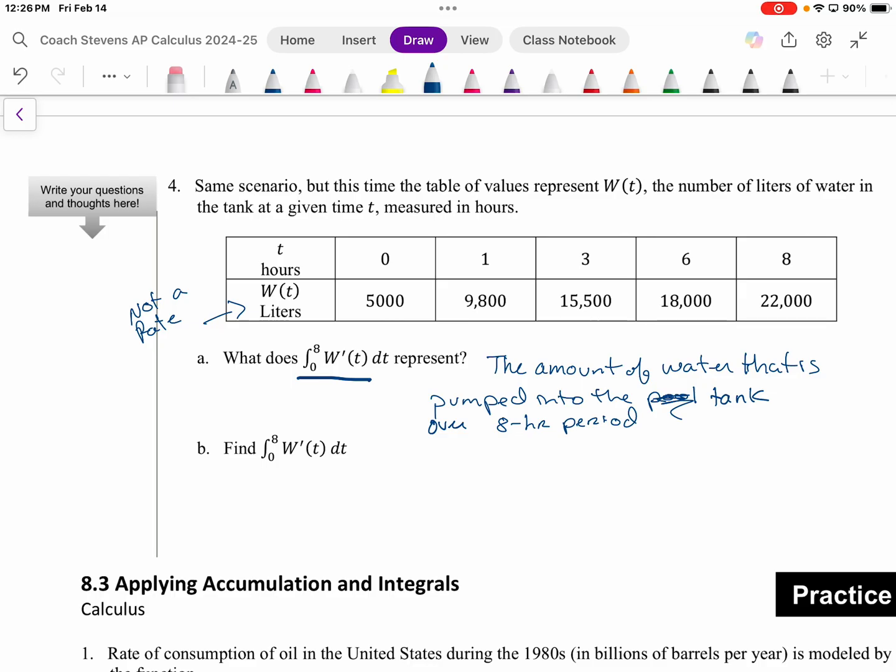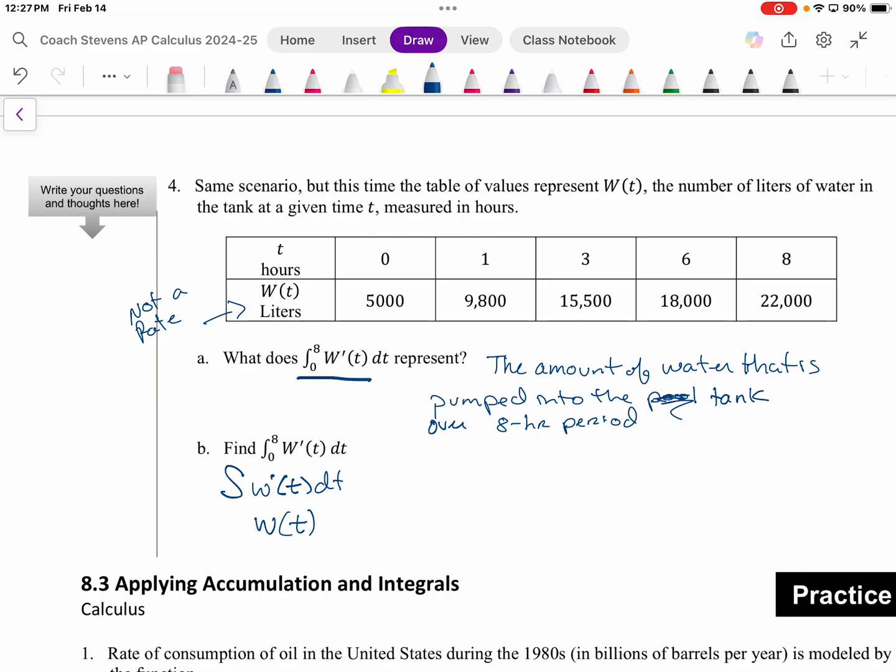All right, now they ask us to find the integral from 0 to 8 of W prime of T dt. Notation-wise, what is the integral of W prime of T dt? Isn't that just W of T? The integration of W prime, isn't that just W of T?